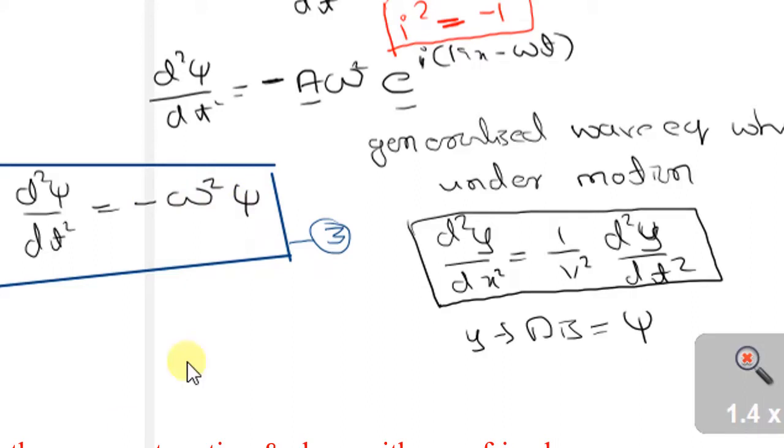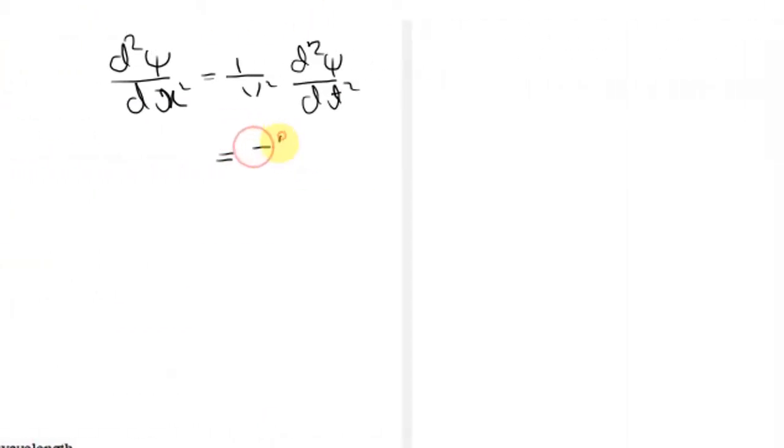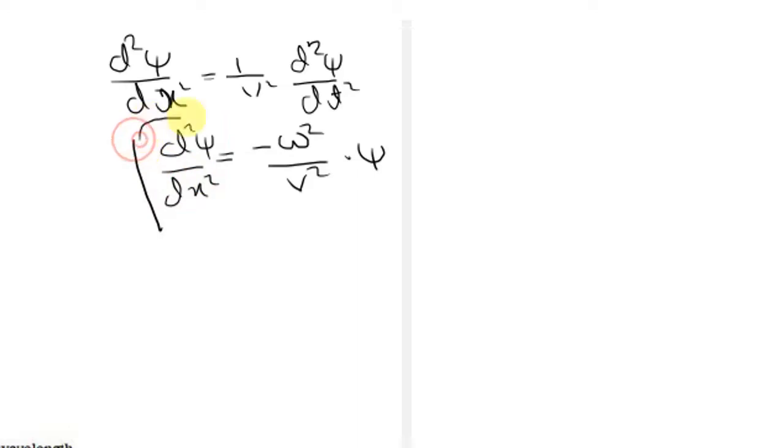In this equation we can write it as d²ψ/dx² = −ω²/v² × ψ. Keep it inside the box.